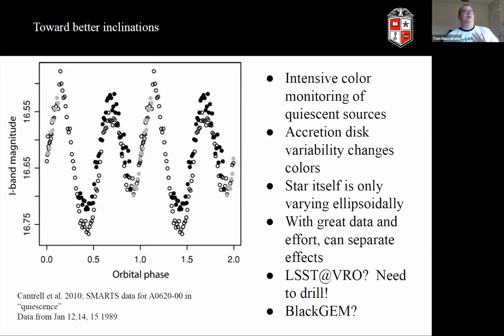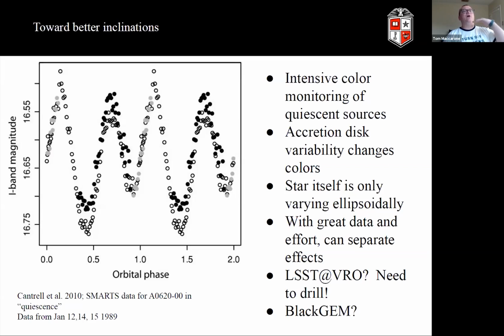So the inclinations are kind of nice because we sort of know how to do this. So this is from a paper by Andy Cantrell that came out 11 years ago, and he looked at the SMARTS data for A0620-00 in quiescence. So with the SMARTS data, they have these decades-long monitoring campaigns in very many filters of light. What Cantrell did by really digging into the data was that he realized that the accretion disk variability changes the colors, and it also changes the overall brightness of the light curve.